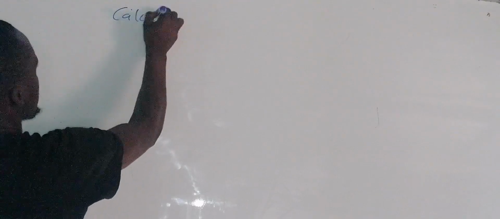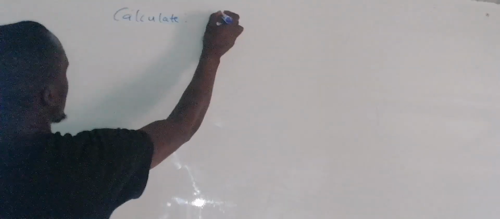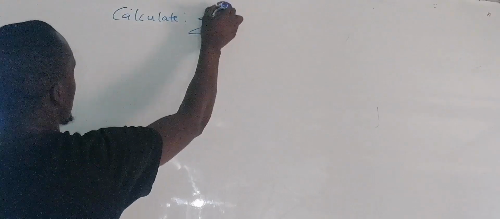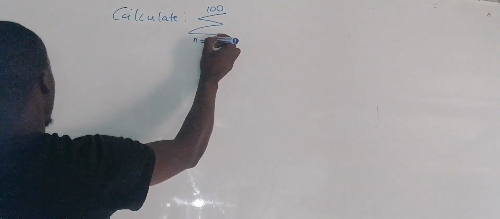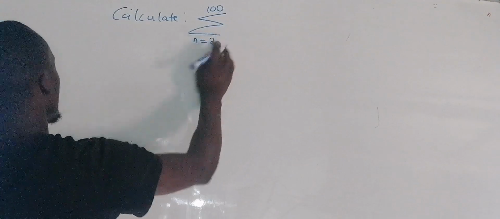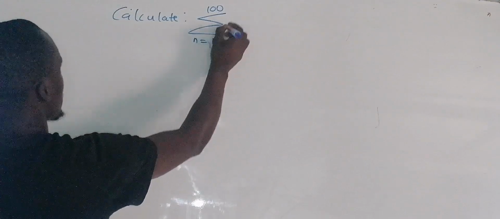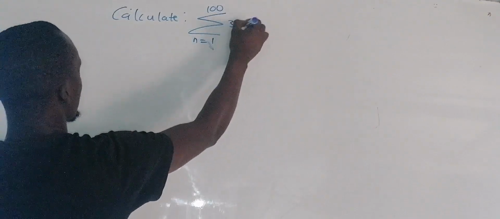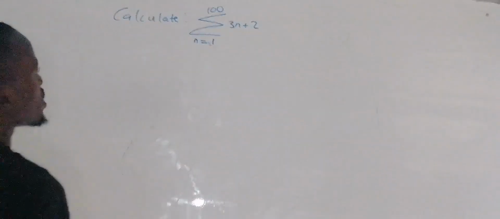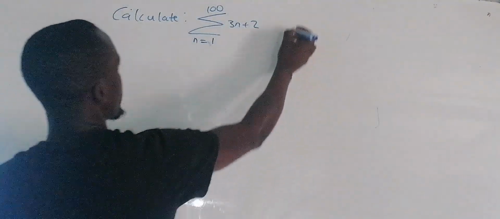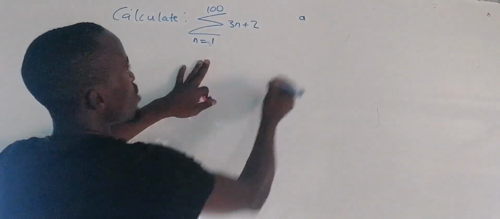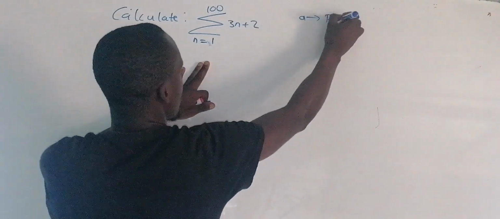So suppose you are given something like this: the sum from n equals 1 to 100 of 3n plus 2. Then they want you to calculate. Before you can calculate, you must know the value of a, which is the first term.